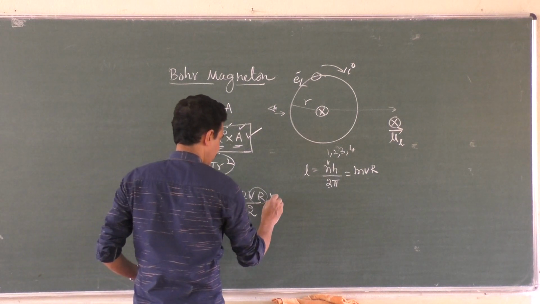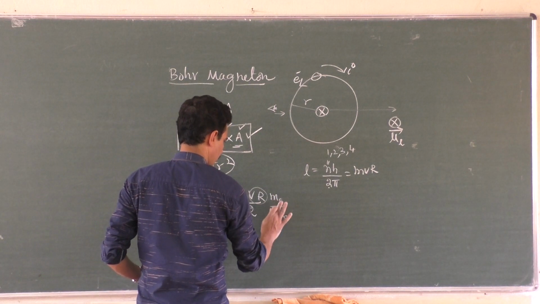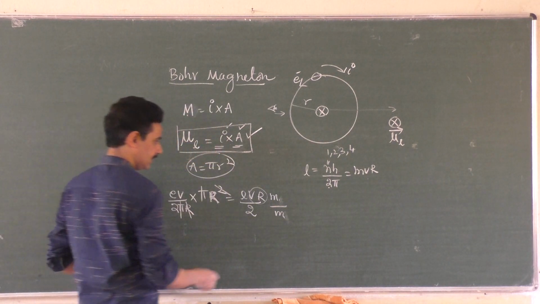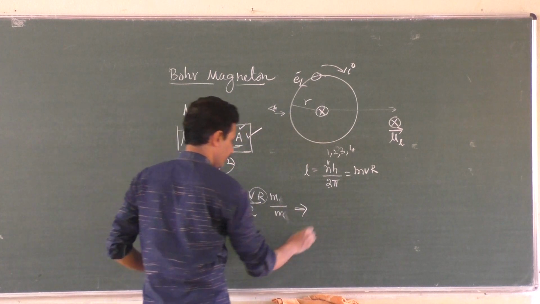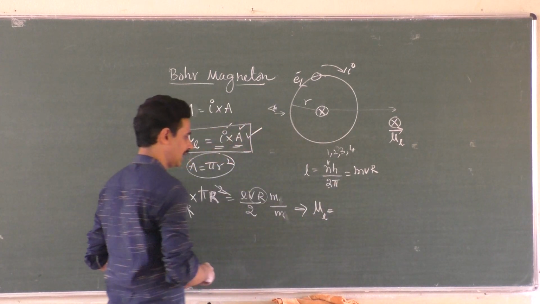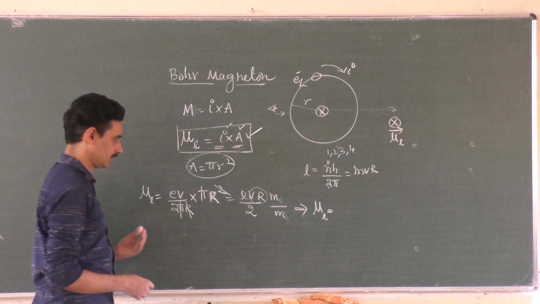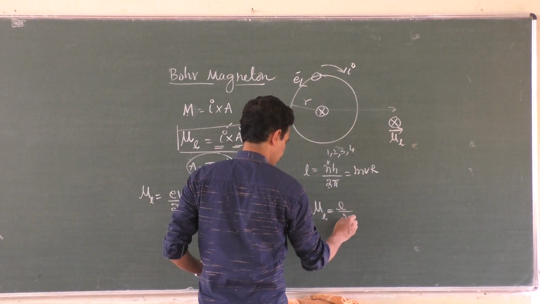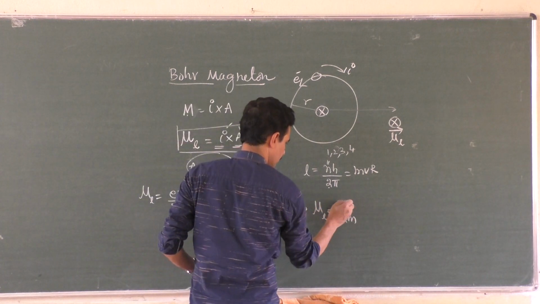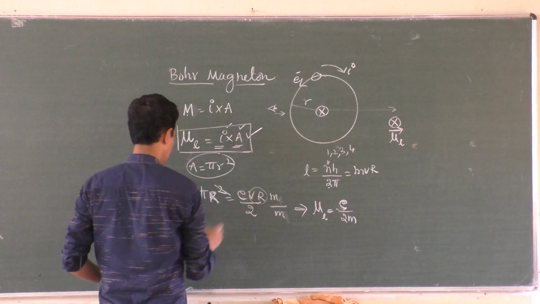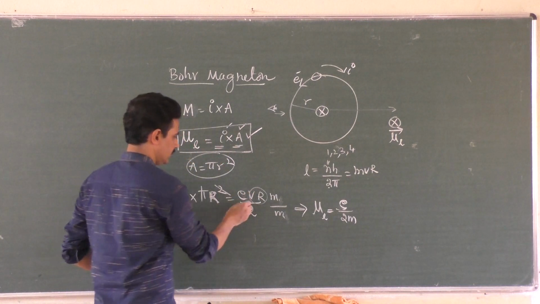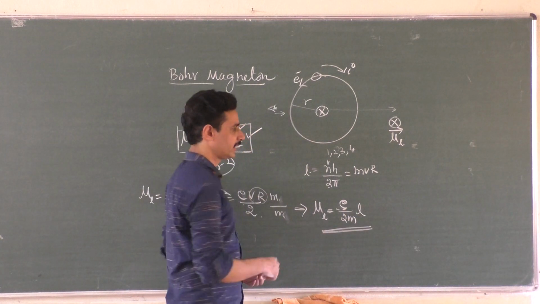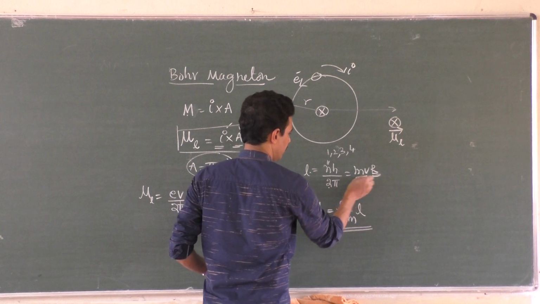So what can I do? Divide and multiply by mass of the electron. I can write m. So what can I change in this formula? The magnetic moment due to orbital motion, mu L, of electron is equal to E by 2m, charge of the electron by 2m, into mvr, that is angular momentum L. Angular momentum is moment of momentum mv.